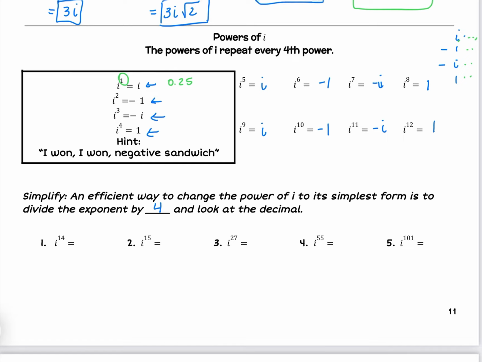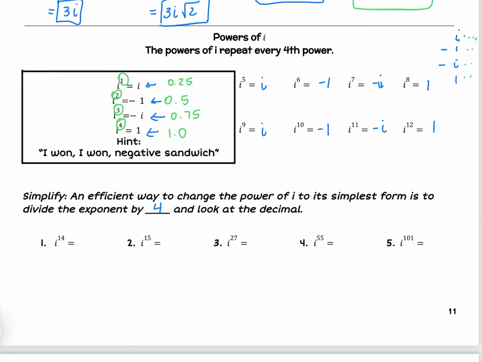If we divide 2, we end up with 0.5. If we divide 3, we end up with 0.75. And if we divide 4 by 4, we end up with 1.0. So all we're really worried about is what our decimal is.